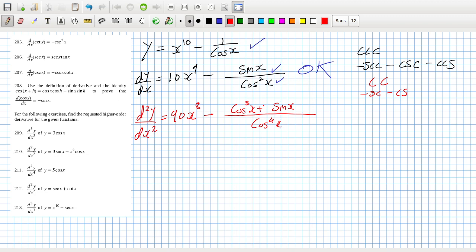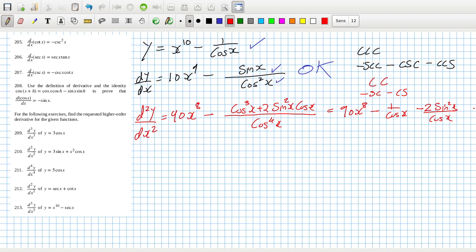So that'll become plus 2 sine squared cos. So if you simplify that, you get 90x power 8 minus 1 over cos x minus 2 sine squared x over cos x. That's what I said, isn't it?